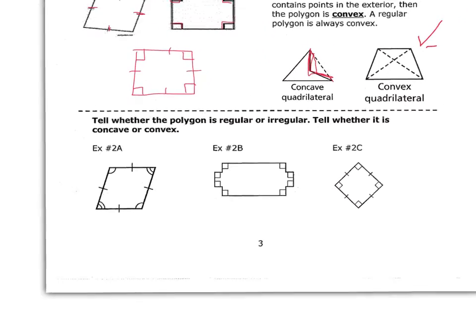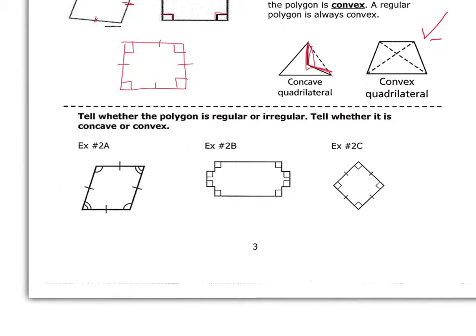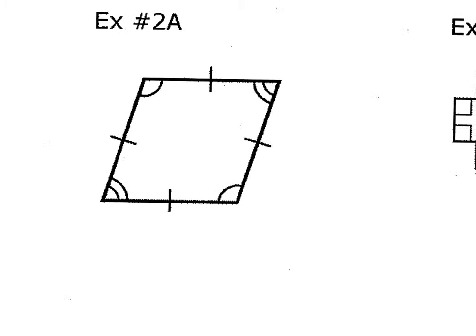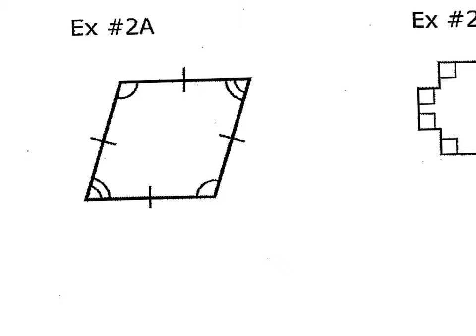Okay, so let's look at a few examples of the terms we've been talking about. We want to decide if the polygon is regular or irregular, and then tell whether it is concave or convex. All right, let's look at this first one. Okay, we can see that, first off, it has 4 of the same sides. That's good. But you'll notice we have 2 different types of angles. We have that type and we have this type.